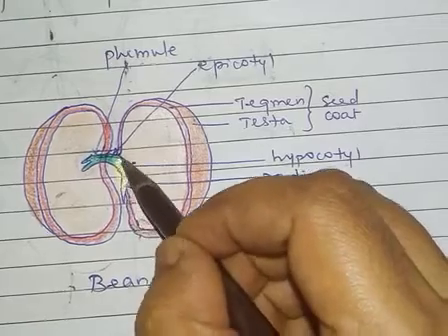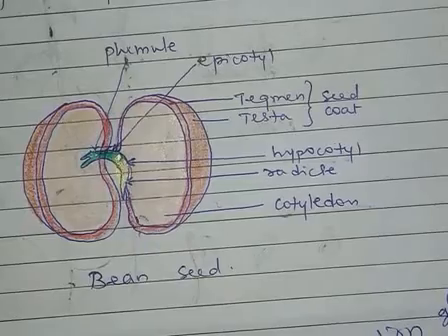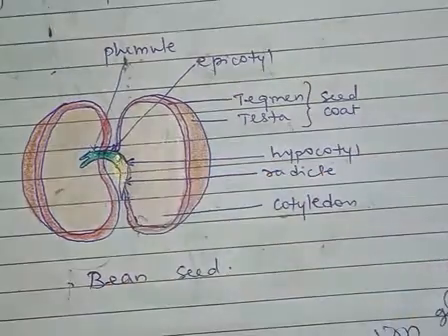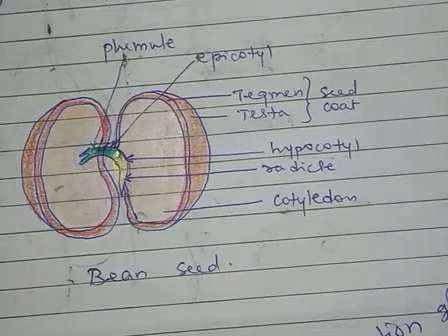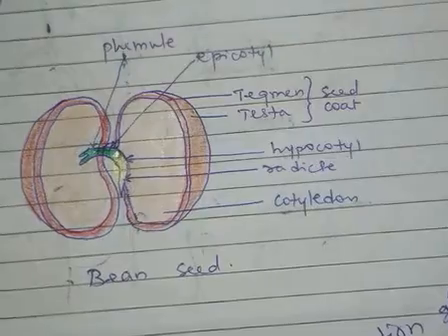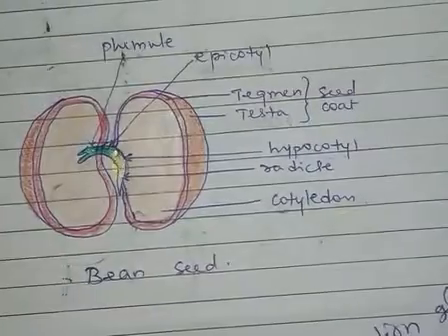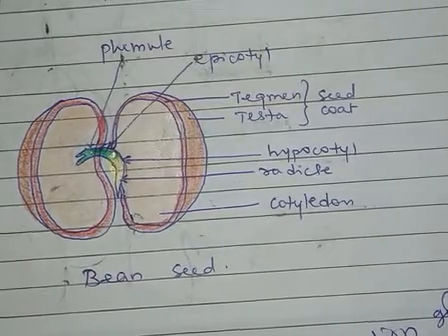So this is the radicle. So here, up till here, it is the hypocotyl. Okay, understanding? So epicotyl and hypocotyl, right? Based on the elongation of the epicotyl and hypocotyl, we have the two types of germination, hypogeal germination and epigeal germination. So let us study that in detail, right?